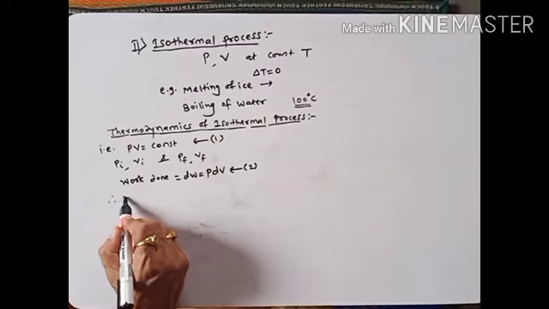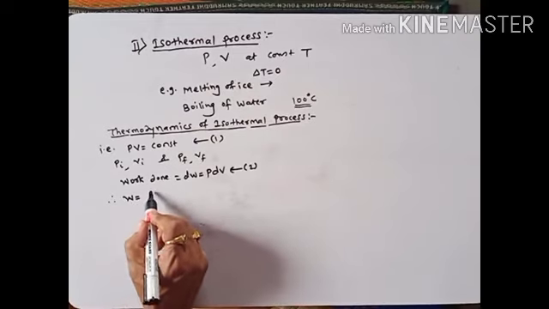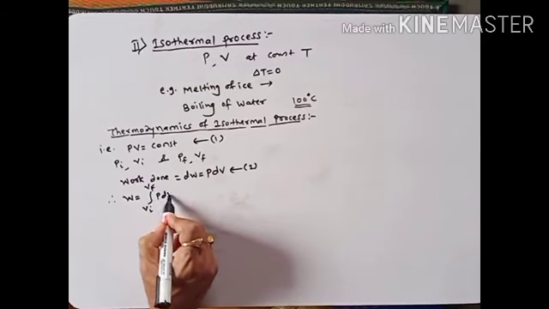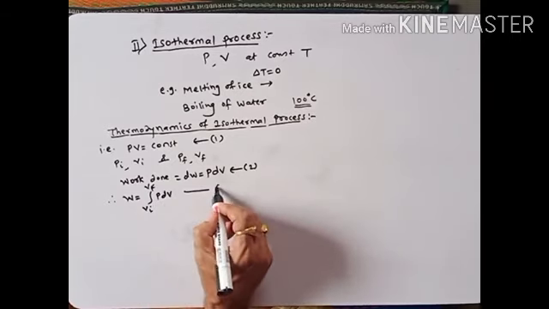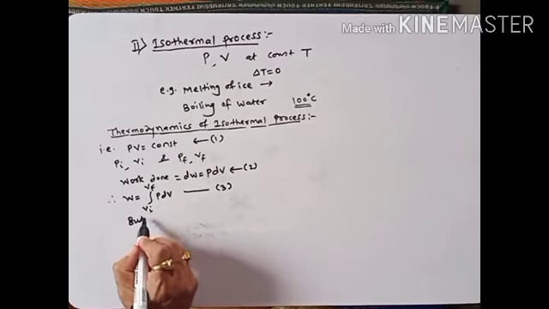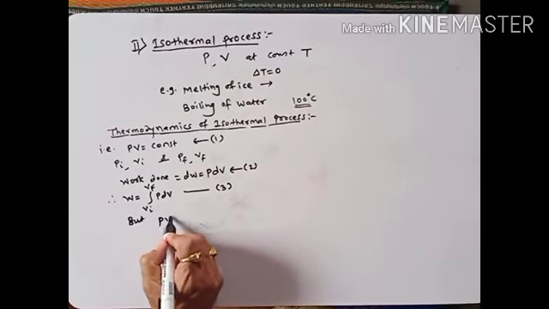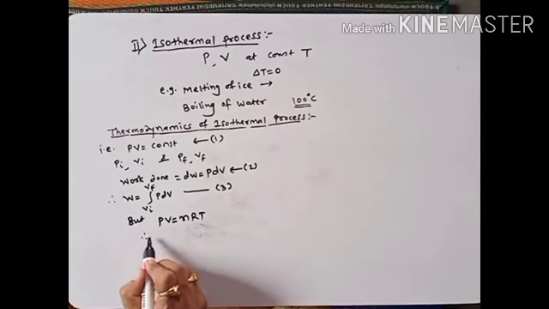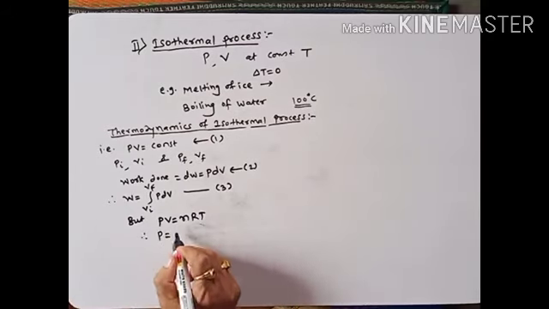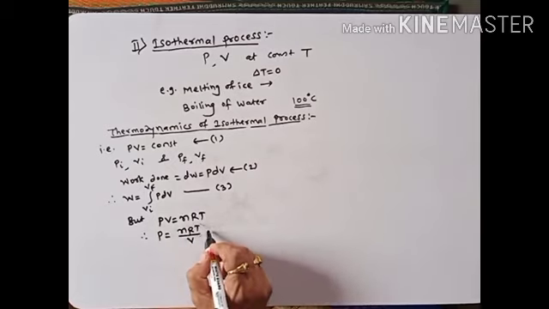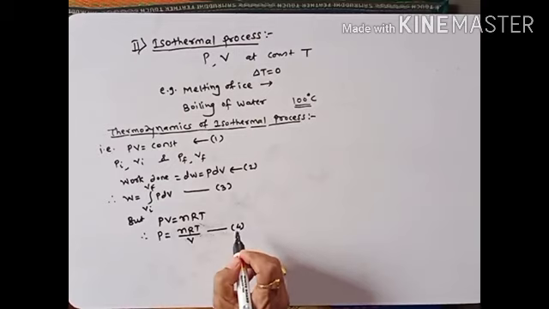And therefore we write W is equal to the integration from Vi to Vf of PdV. This is equation number 3. But we know PV equal to nRT, and therefore P is equal to nRT upon V. This is equation number 4.